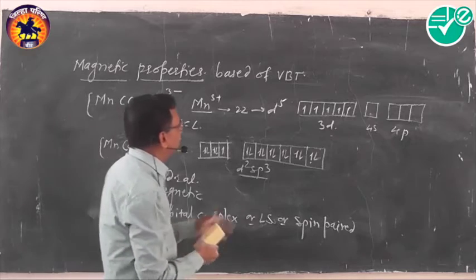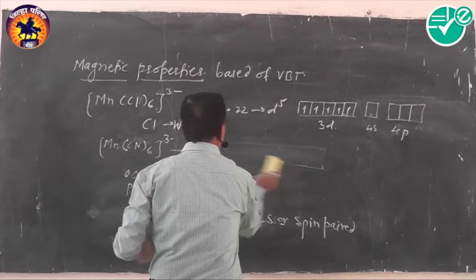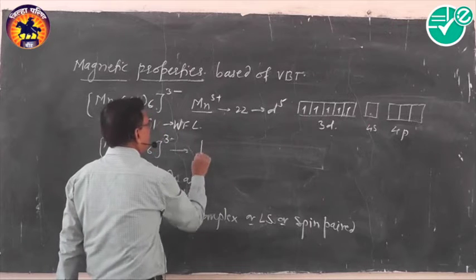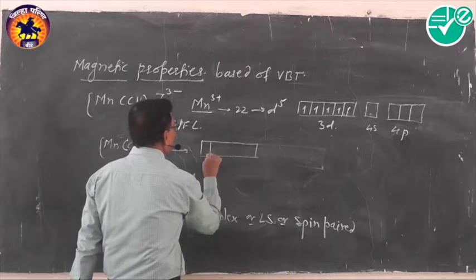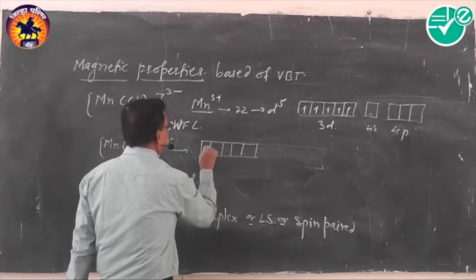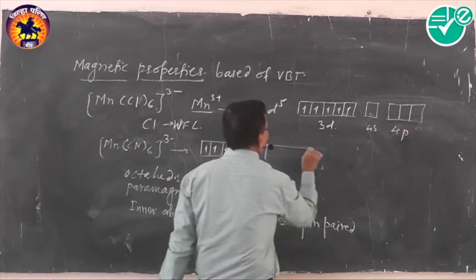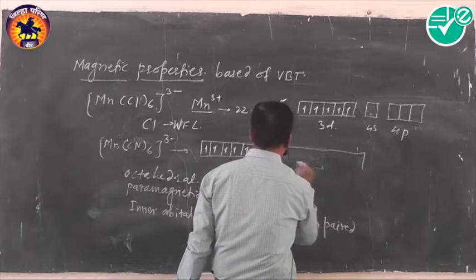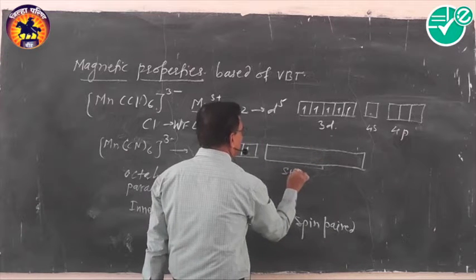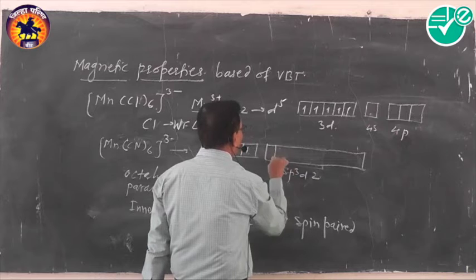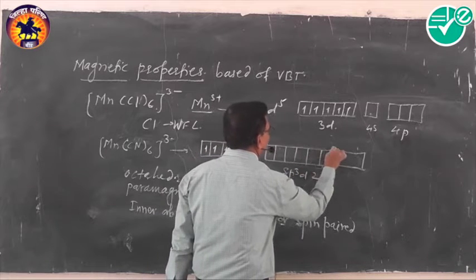In this case, these 3d orbitals remain as they are, and the electronic configuration when the complex is formed is like this. Now the hybridization is sp3d2. 4d orbitals are involved: 1, 2, 3, 4, 5, 6.